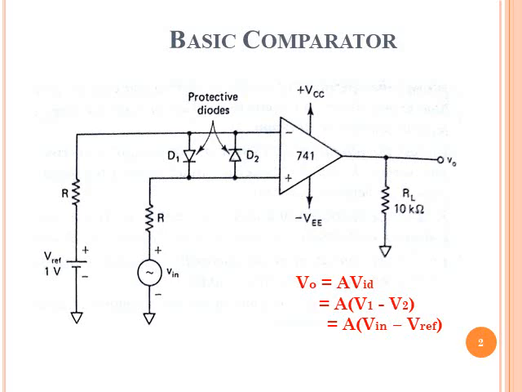Remember that when V in is greater than V reference, the output voltage will be positive, and when V reference is greater than V in, the output voltage becomes negative.